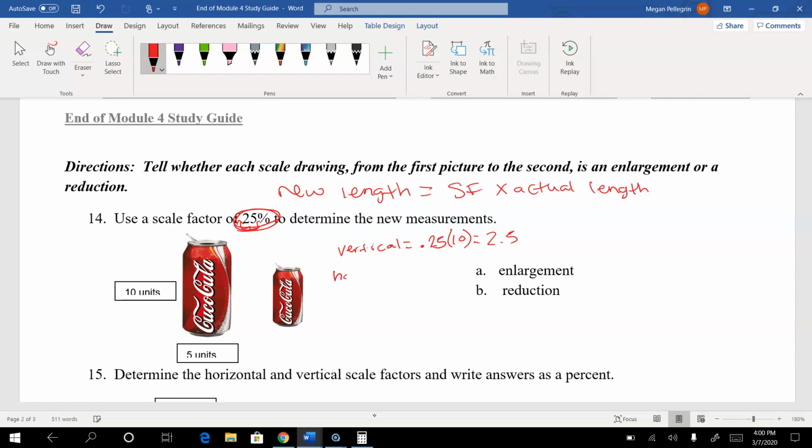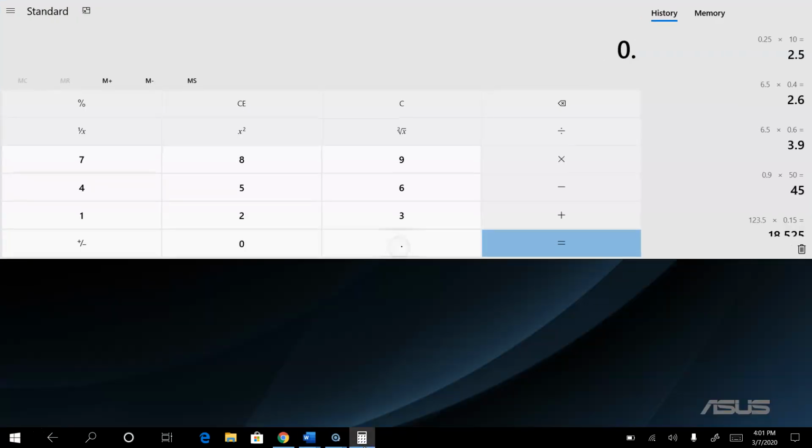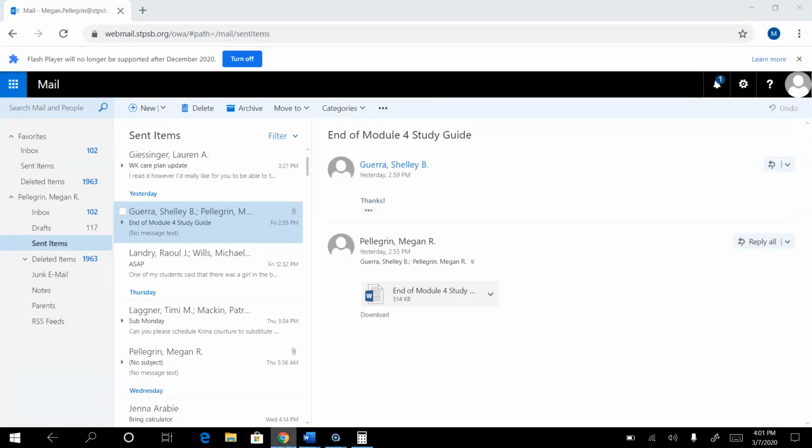And then the horizontal, this is how it's going to be written on your test. That's why you need to make sure you know the difference between those two. So then 0.25, our scale factor, times 5. 0.25 times 5 equals 1.25.